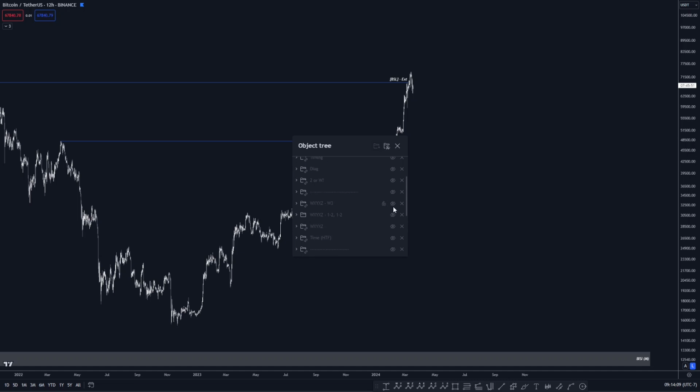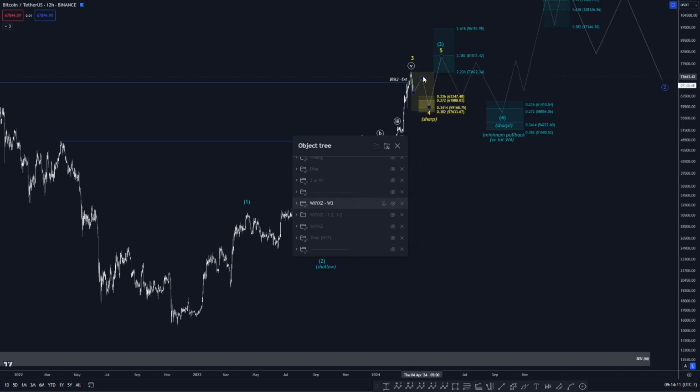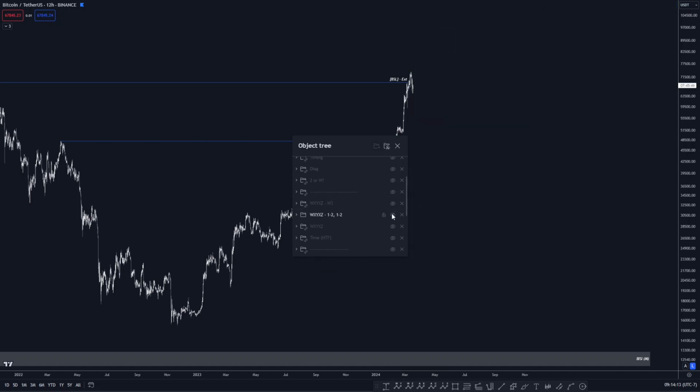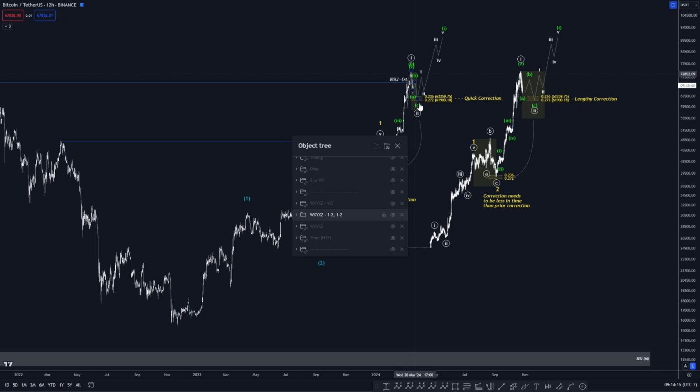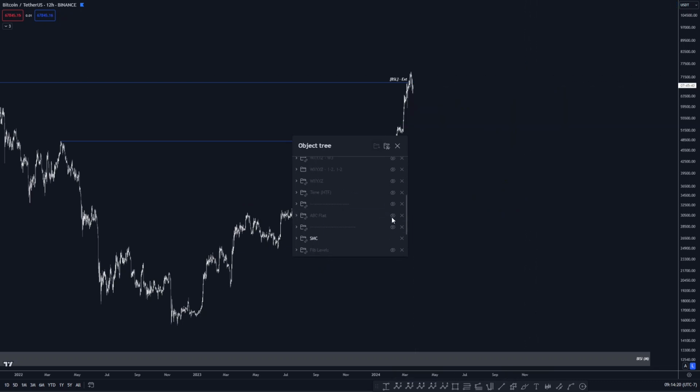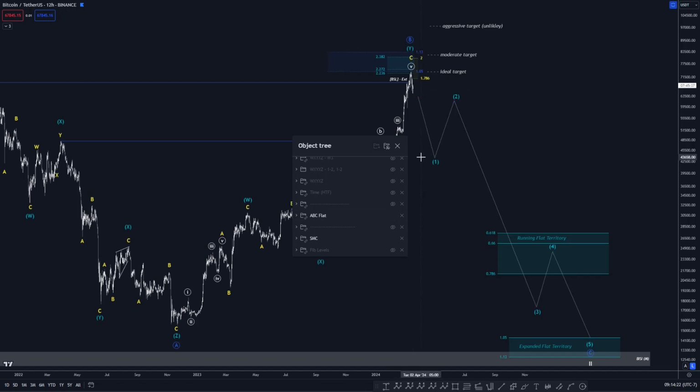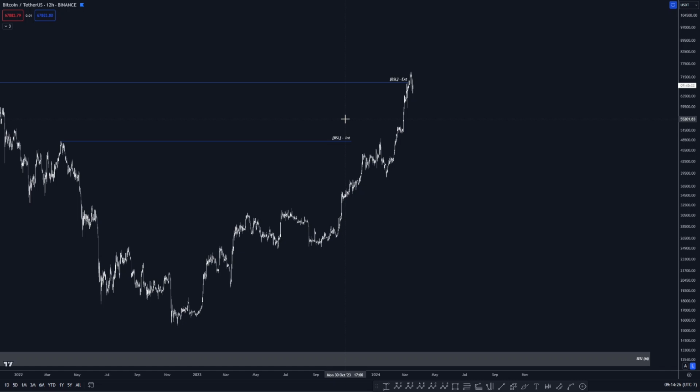With this, a pullback for a 4, a pullback for a 2, or is it a pivot? So pullback or pivot? That's the two questions on the higher time frame here.